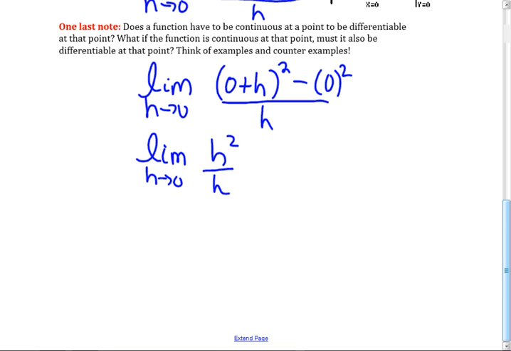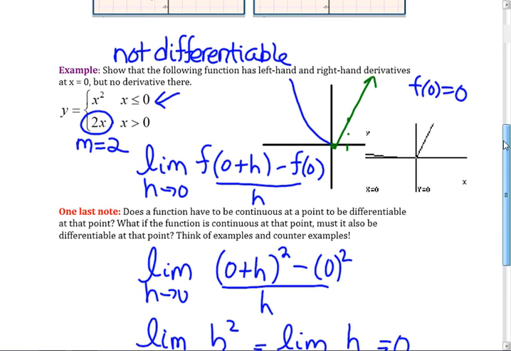Can I reduce that? You're right, I get 0 over 0, but there's a hole at 0. So this is the limit as h goes to 0 of h. So the value is 0. So the slope on the left here is equal to 0. The slope on the right is 2. Guess what? They're not equal. So there's no derivative there.